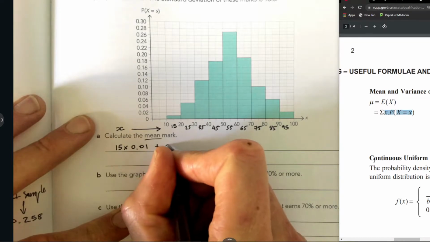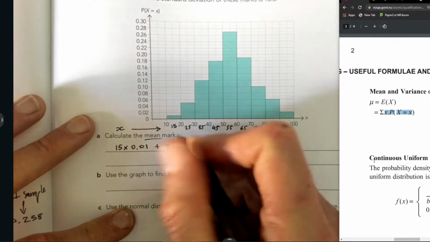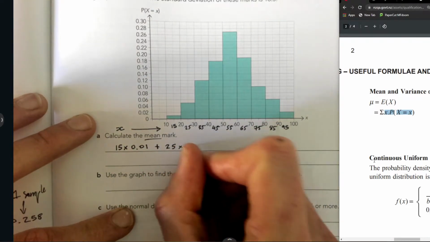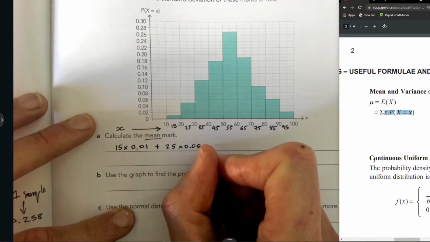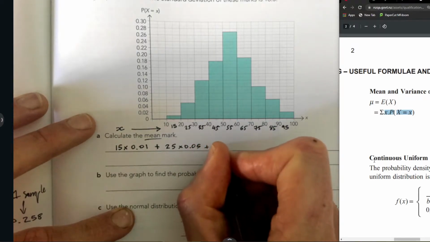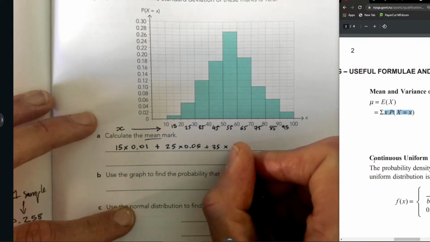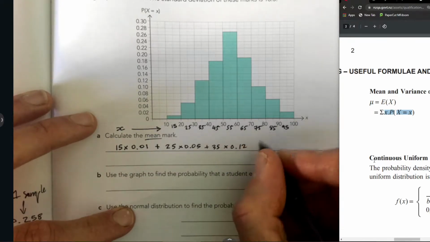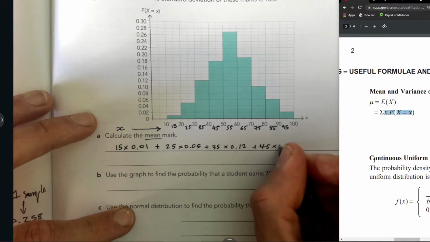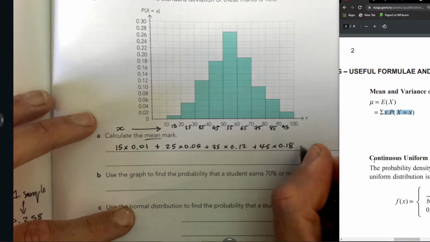So it's going to be plus 25 times 0.05, plus 35 times 0.12, plus 45 times 0.18, plus.